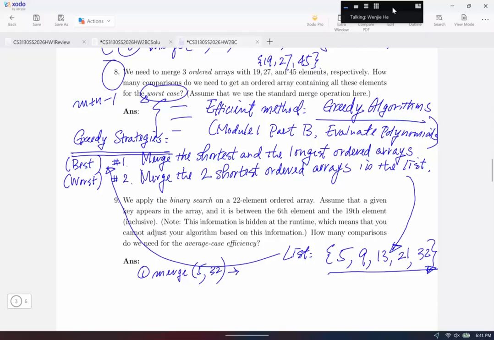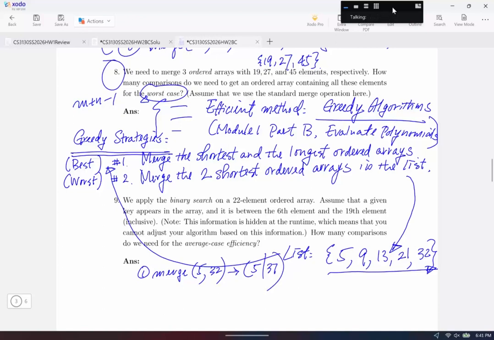The number of comparisons is the minimum of the 2, so 5 is the number of comparisons. Then a vertical bar, to separate the total size, because the size number is useful. 32 plus 5, 37. 37 is the size number.